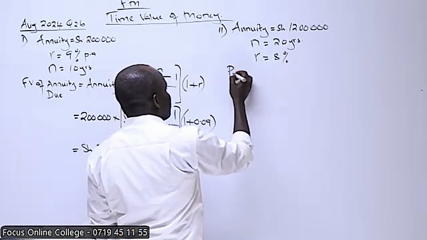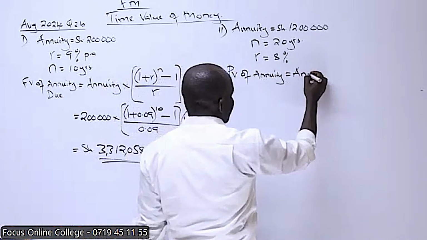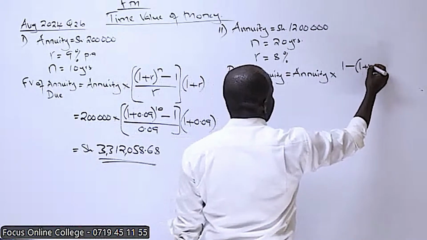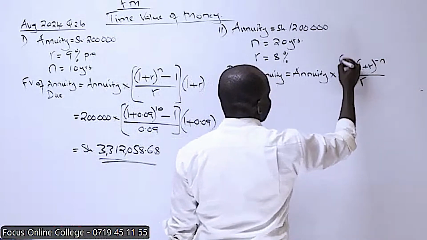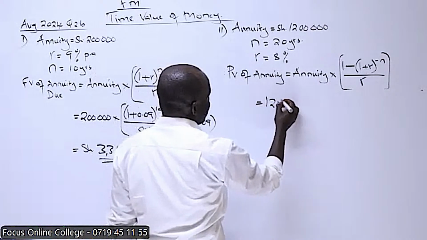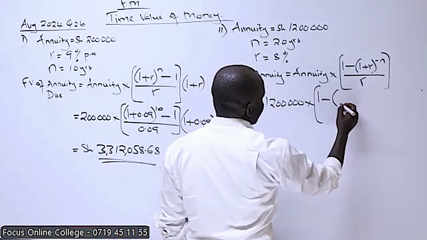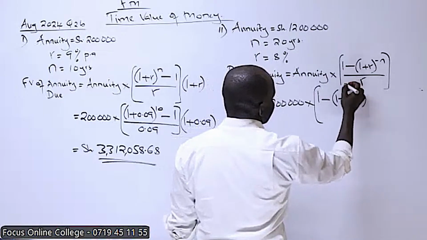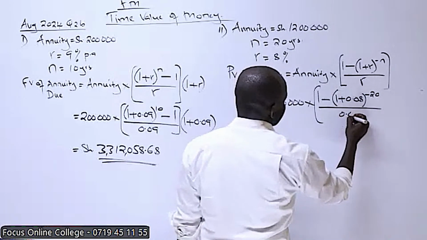So present value of an ordinary annuity, we said, is equal to the annuity times 1 minus 1 plus R power negative N over R. So this is 1.2 million times, in brackets, 1 minus 1 plus 0.08 power negative 20, over 0.08.